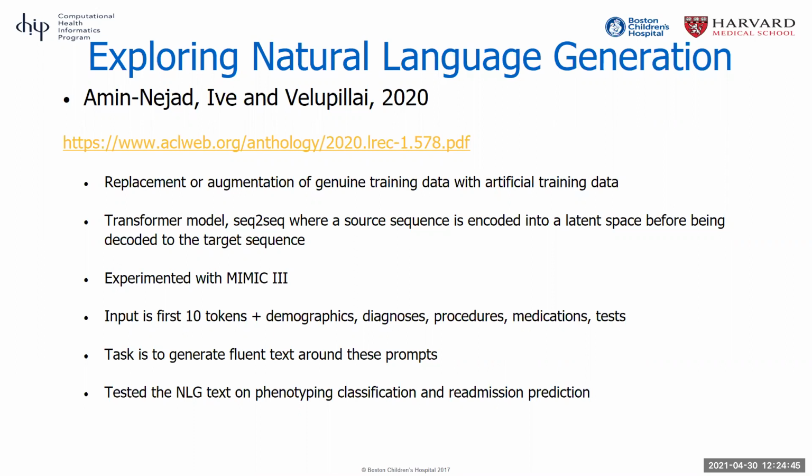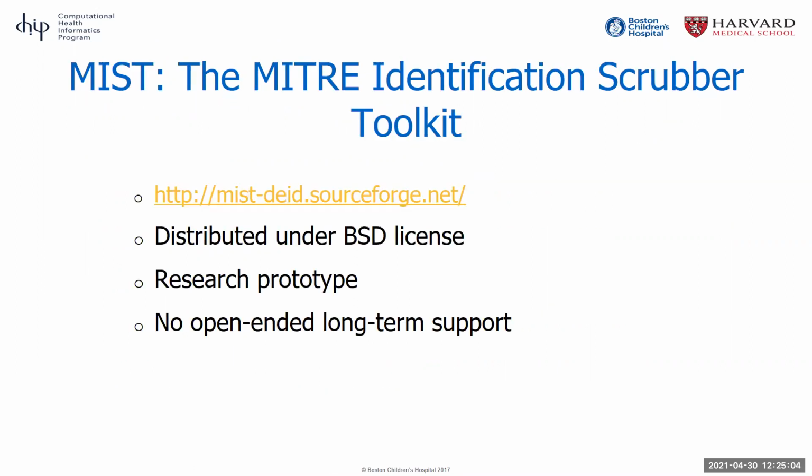The results are not perfect, but I think it's a very interesting venue to explore, to actually generate realistically looking but fake data in large quantities that can potentially be shared within the clinical NLP community.